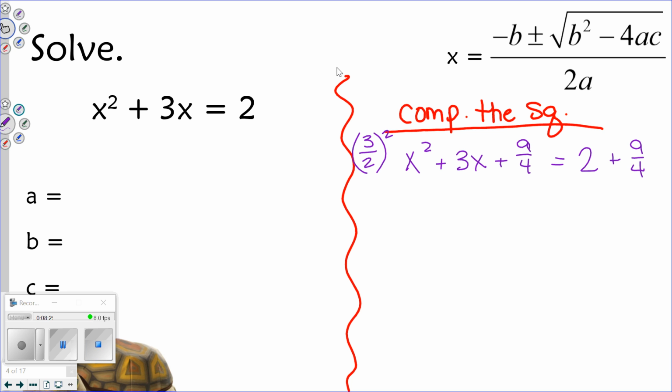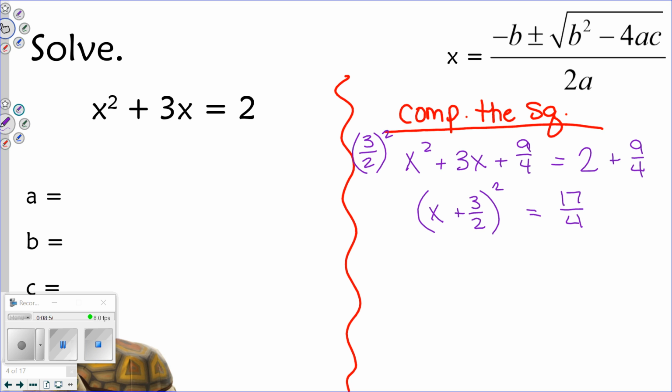All right, this is what we just took a quiz on yesterday, so we should be well versed in this by now. We do this so that we can factor. How does it factor? Good. x plus 3 over 2 squared. And that gives me, was that 17 fourths?